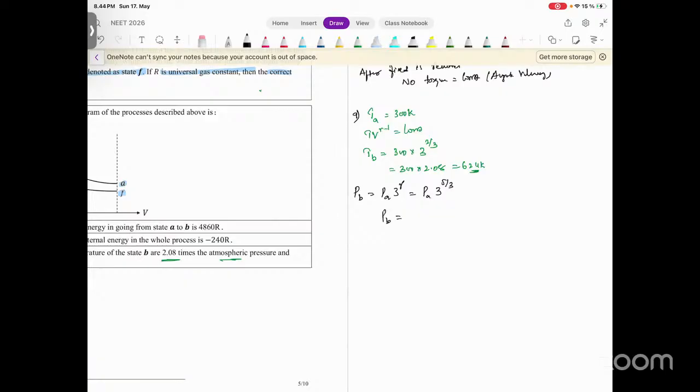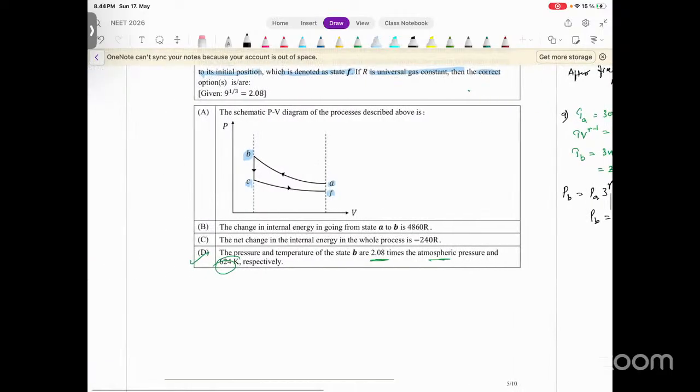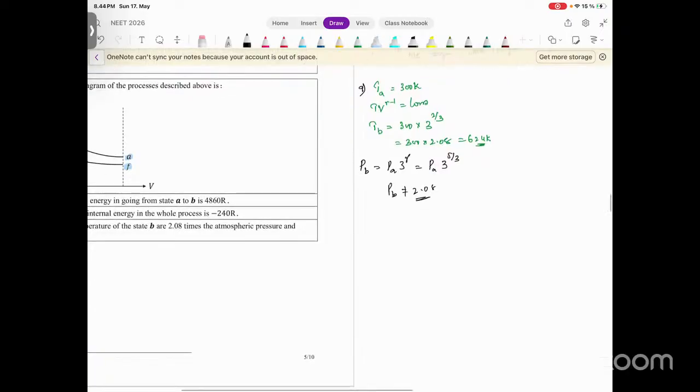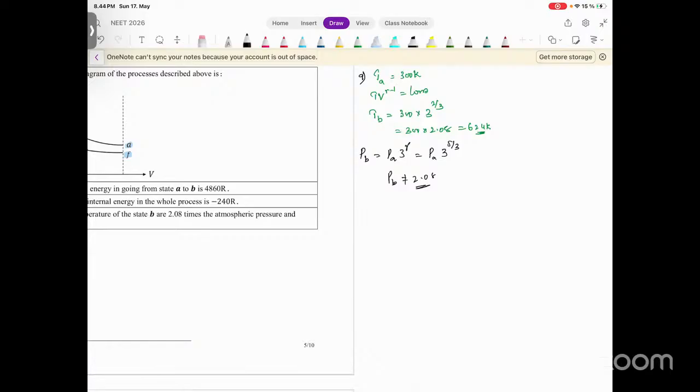Pressure at B equals 3 to the power of 5 by 3. It is not coming to be 2.08. So D is partially wrong because the pressure statement is incorrect here. So only one option is working in this one: P is not equal to 2.08. So D is partially wrong.